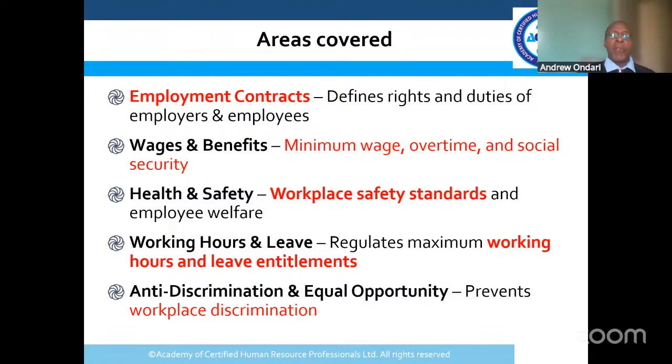The second type of contract provided for in the law is the fixed-term contract, where employees are engaged for a period of time, from 6 months to 1 year to 3 years or 5 years. So as managers, as we give contracts to our employees, we also have in mind what I have called the fixed term.